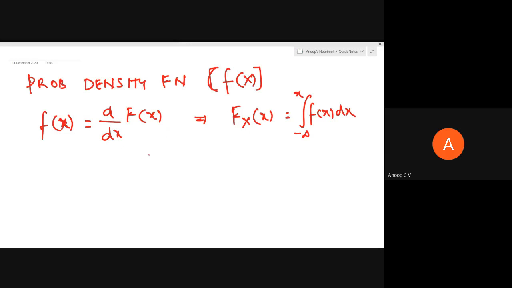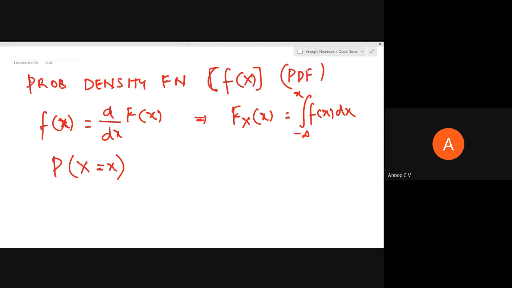It more or less gives the probability that x equals a small x, that is, the probability that x takes a value equal to some sample value. So this is a probability density function, which we normally represent as pdf. If it is mentioned as pdf, we may get confused whether it is probability distribution function or probability density function.